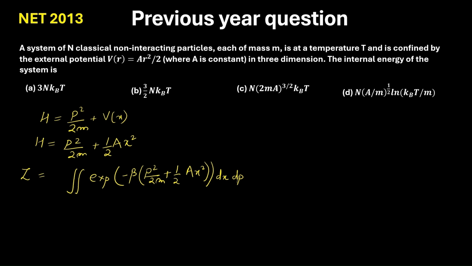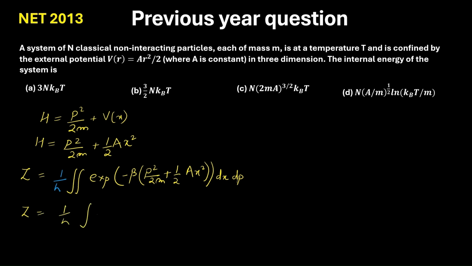Here one factor, 1 by h, will be there, corresponding to the minimum size of the phase space, or we can say the phase cell. So here we have 1 by h.